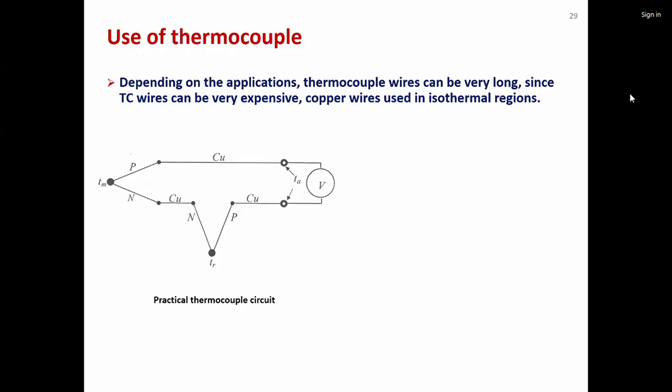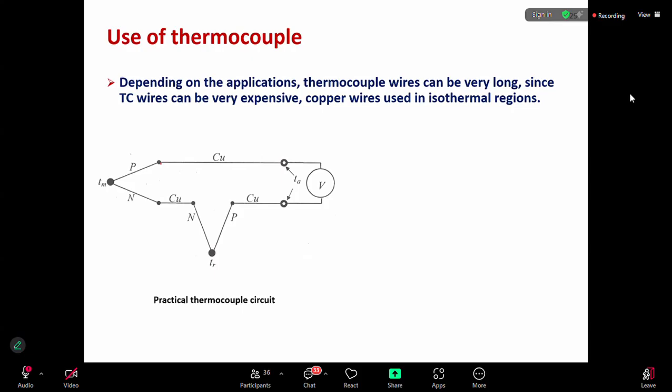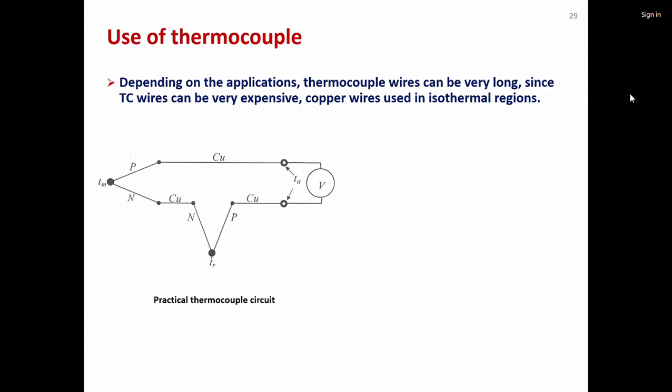So when you do not want to waste these special thermoelectric material wires in the isothermal region where the temperature is not really varying, you can, in fact, replace the thermocouple wire with copper wires. So you can have the P type and N type, and you can have a measuring junction. And after some length, you can use copper all the way till, again, very close to the reference junction. Then you can use the P type.